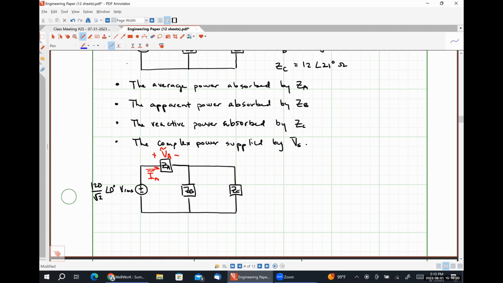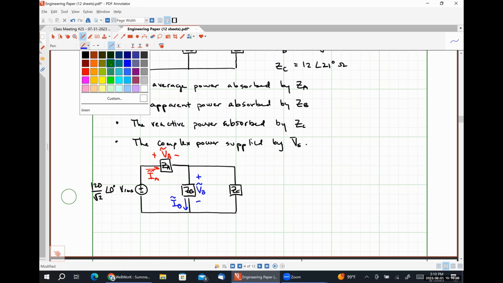To find the complex power absorbed by impedance ZB, I'm going to need to know the voltage drop across impedance ZB, so that's going to be VB, and the current flowing through impedance ZB, which I'm going to call IB.